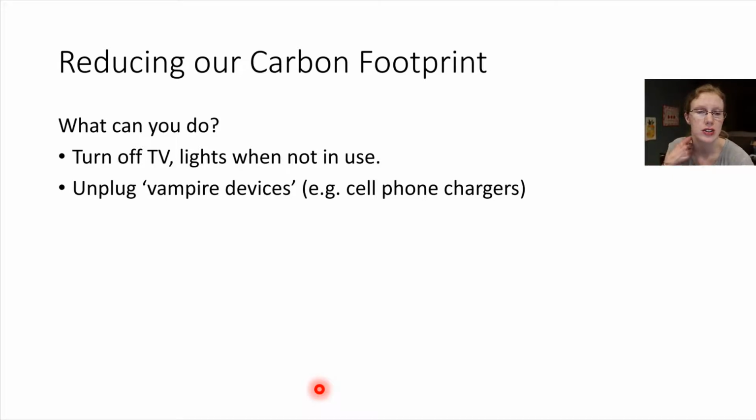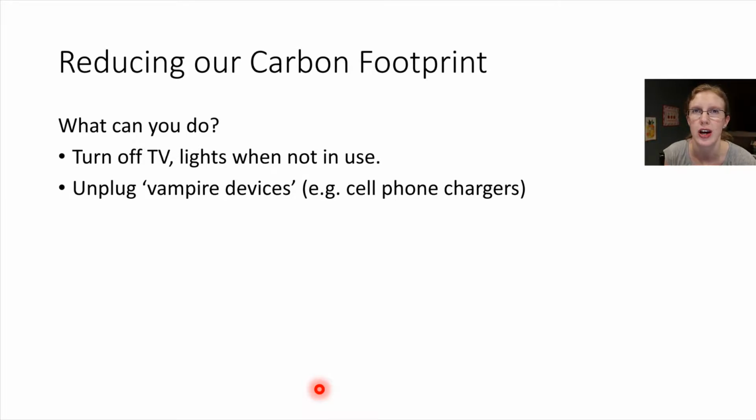So this one's kind of interesting. Some chargers, some devices, laptop chargers, cell phone chargers, if you leave them plugged in, even if you're not actively charging your phone or your laptop, but you've still got it plugged into the wall, some chargers just always draw a little bit of electricity from the socket, and so they're sort of acting like vampires.